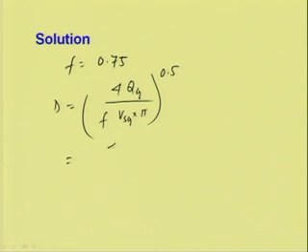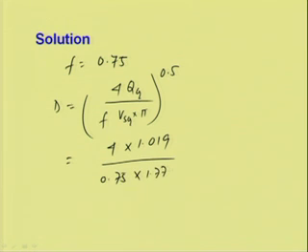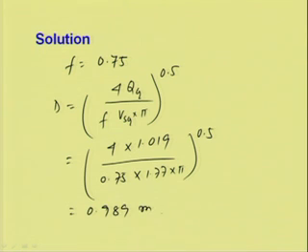Substituting 4 × 1.019 divided by 0.75 × 1.77 × pi, to the power 0.5, which will be around 0.989 meter. So, this is the diameter of the column required for the particular operation.